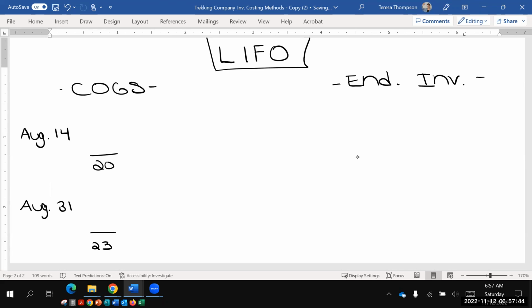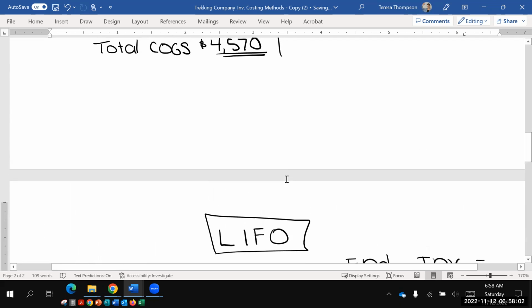So now we're going to find the cost of the 20 units sold on August 14th using the last in, first out method, which instead of going in chronological order, starting with your earliest purchase and working down, starts with your last purchase and works up. All right, so let's go up to our data.